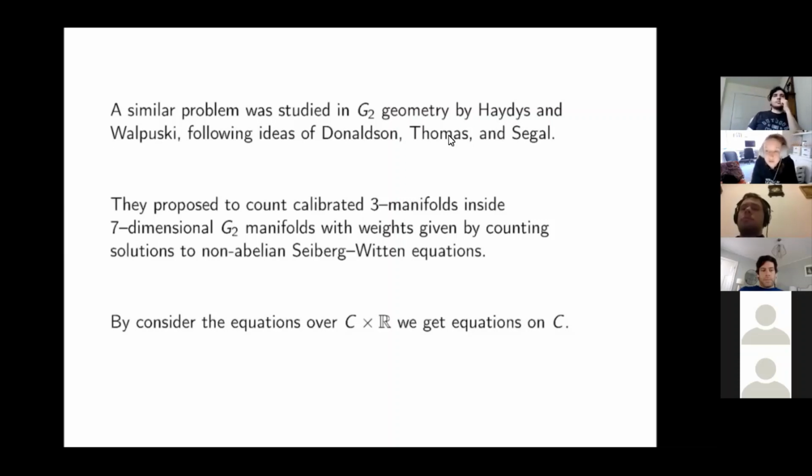And again, you don't expect a naive count of such submanifolds to be an invariant as you deform your G2 structure. So you look for weights which will compensate for jumps in the number of such calibrated submanifolds. And Haydys and Walpuski proposed that these 3-manifolds should be counted with weights given by the number of solutions to some non-abelian Seiberg-Witten equations.